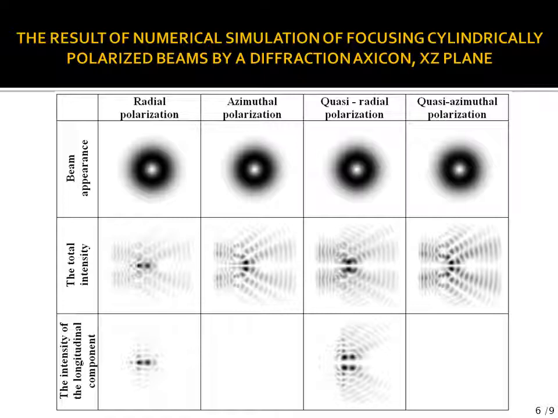For the intensity of the Z component, the longitudinal component of the electric field, it was equal to 0.53 lambda. The global maximum is inside the optical element, and its value for the total intensity and the intensity of the longitudinal component was equal to 0.38 lambda.